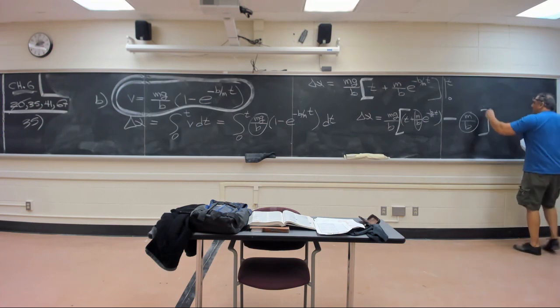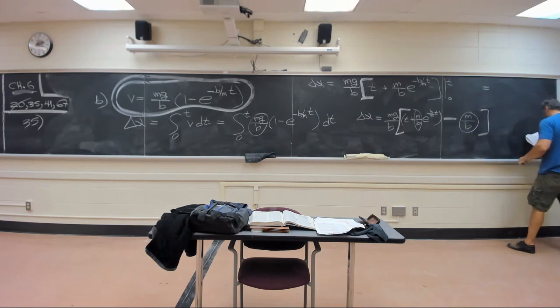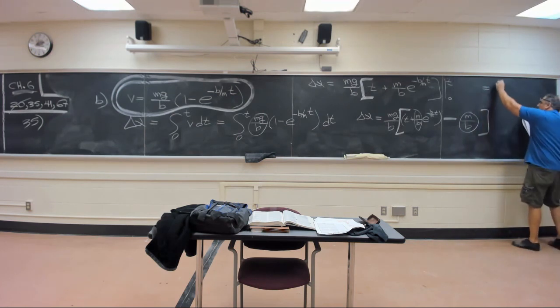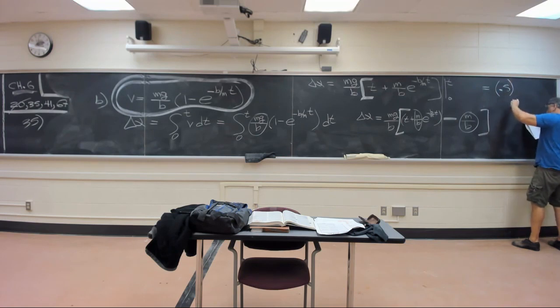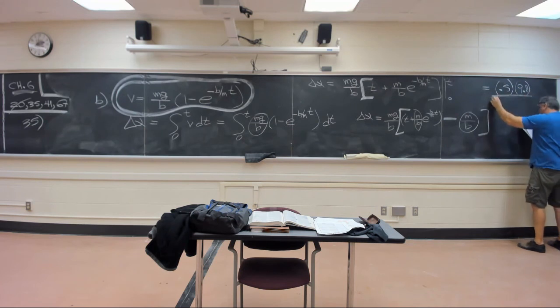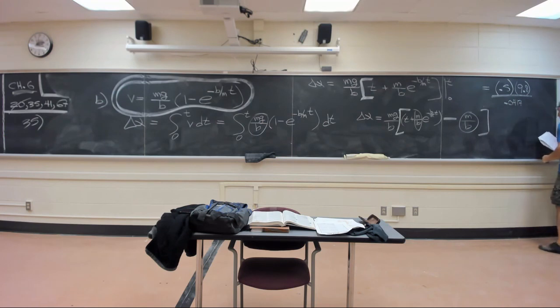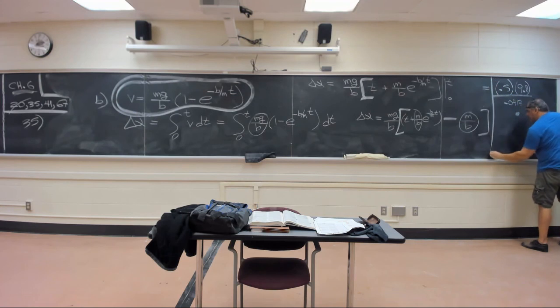Plug in all the values, guys. M is 0.5. G is this. B is this. We already derived what B was. Times, okay, sorry, guys, ran out of room a little bit here, so I'm going to have to move the multiplication symbol.